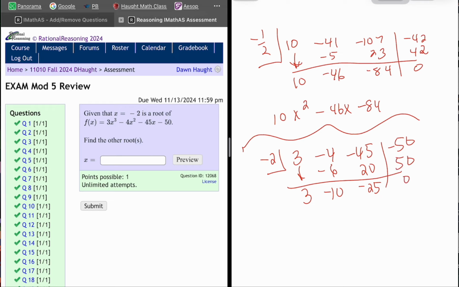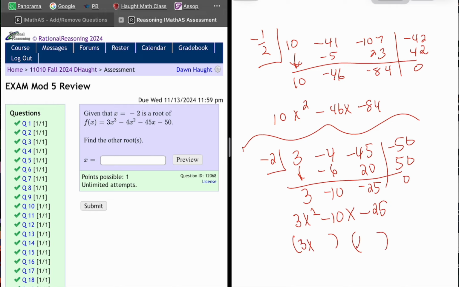Okay, and then put our x's back in. We get 3x squared minus 10x minus 25. Is that a factorable quantity? It is, if hopefully you recognize it.